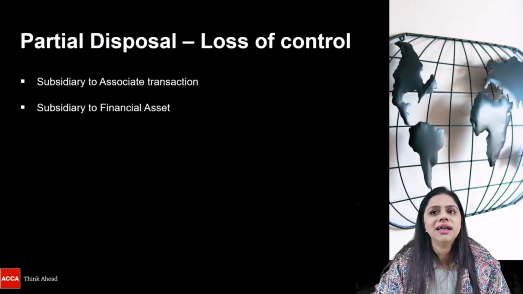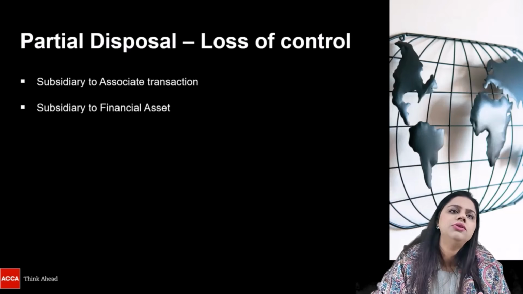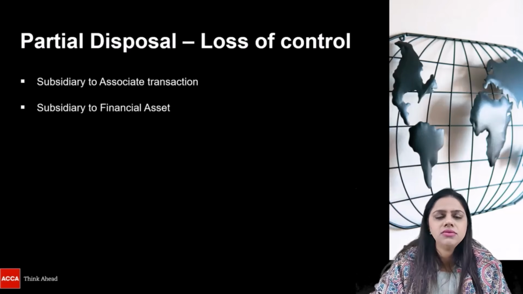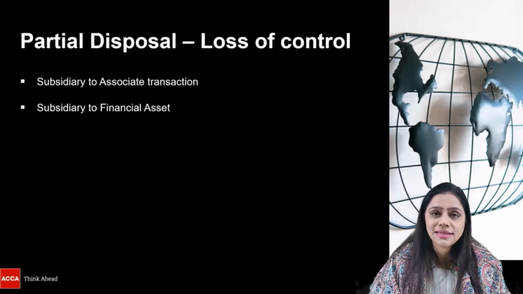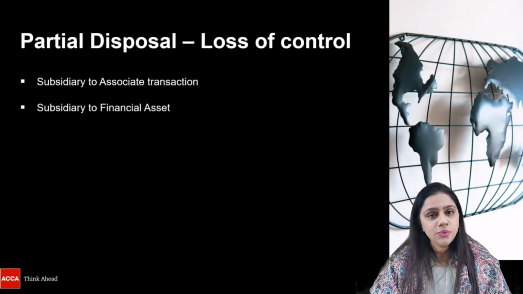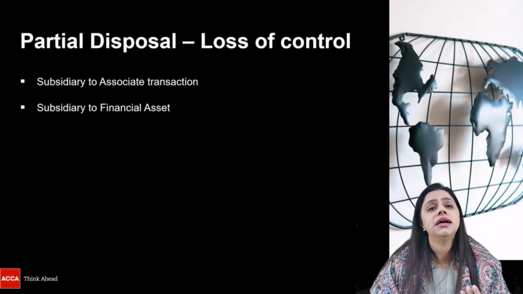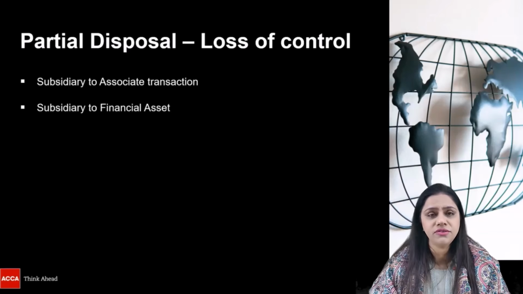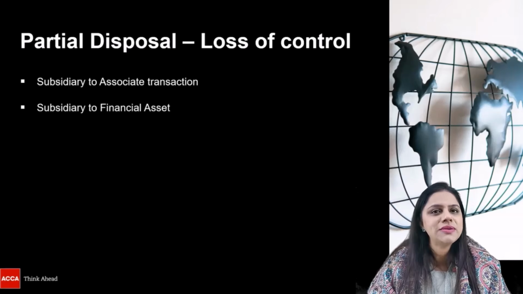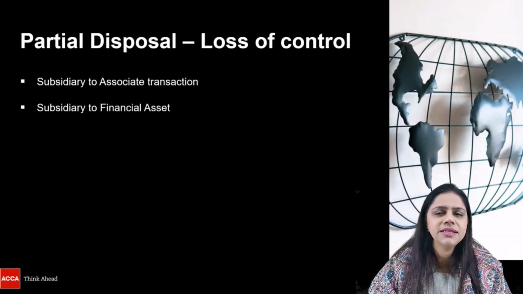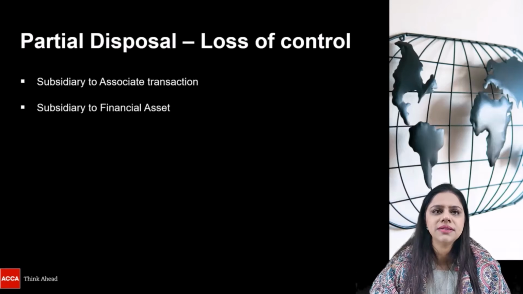Just like I told you, if the investment has gone down from 80 to 10%, then that 10% holding in a company is going to be accounted for as a financial asset under IFRS 9. However, if it is in the range of 20 to 50%, greater than or equal to 20% and less than 50% investment, then it is going to be recognized as an associate.